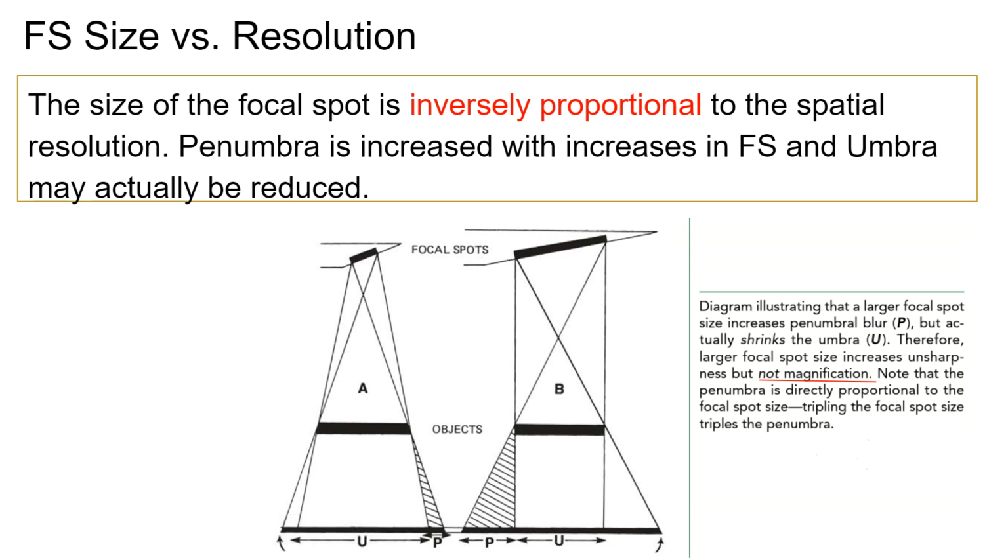Right? So here, we're going to get less penumbra. So we're like taking some of that penumbra away, but we're not changing the overall circumference. If you want, I can kind of draw this out. So you essentially have two circles, right?